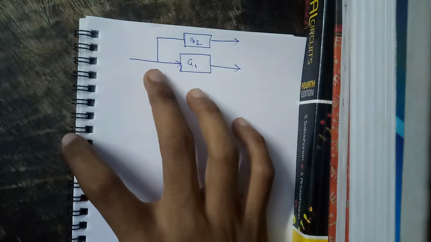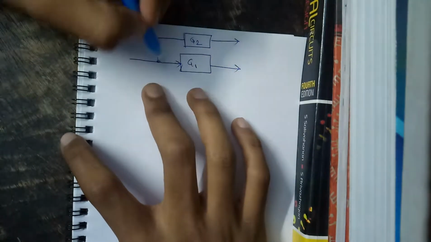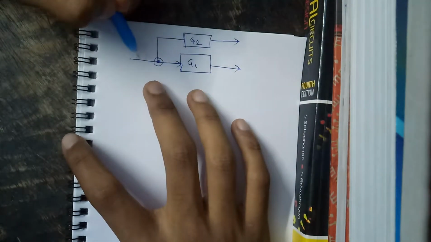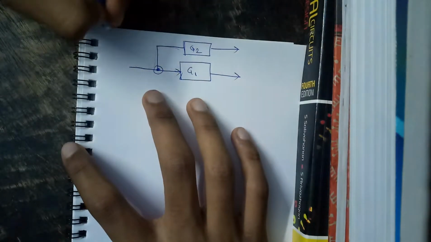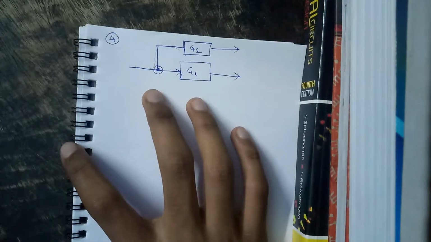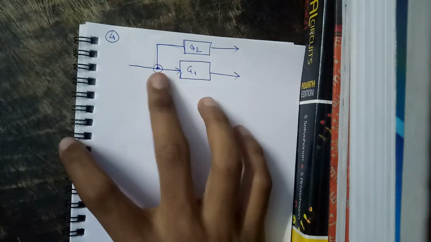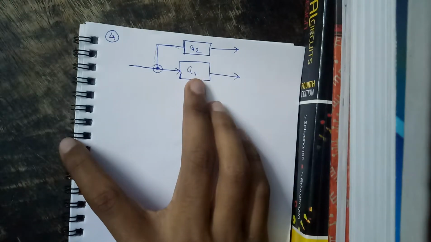So this point is known as a takeoff point. Why is it known as a takeoff point? Because we are taking the signal from here and putting it into some other block. Now we can do two things with takeoff points. This is a takeoff point before the block.